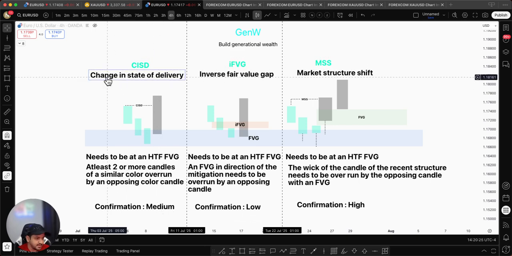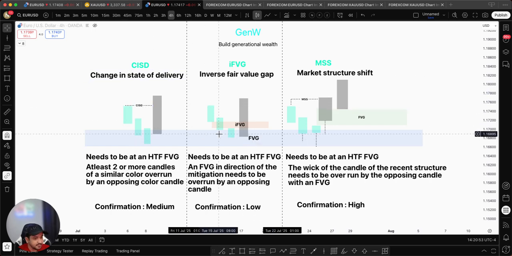It basically means change in the state of delivery. As you guys know, price is an algorithm. What we wait for price to do is change its state of delivery, in the sense that once price mitigates an FVG, it has to mitigate an FVG. It goes without saying all these entry models are only applicable when they happen at an HTF point of interest, which in our case is always fair value gaps.